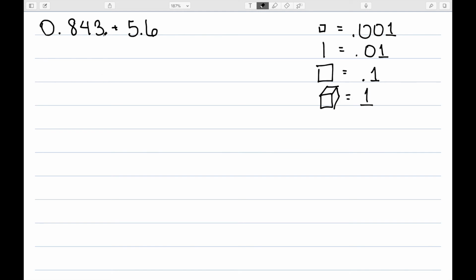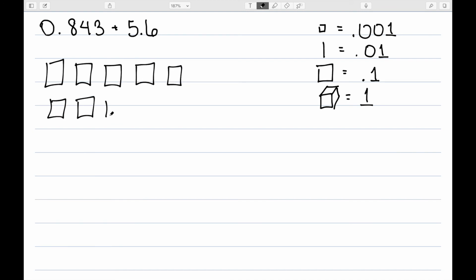So to do these, we would have 0.843. So we have 8 of the big squares, 4 of the lines, and 3 blocks.